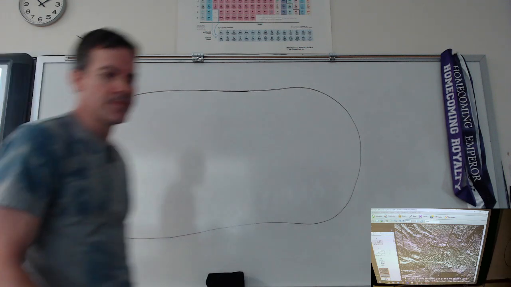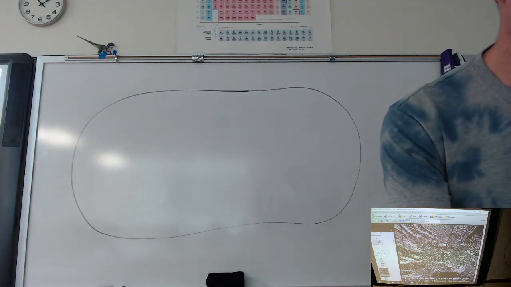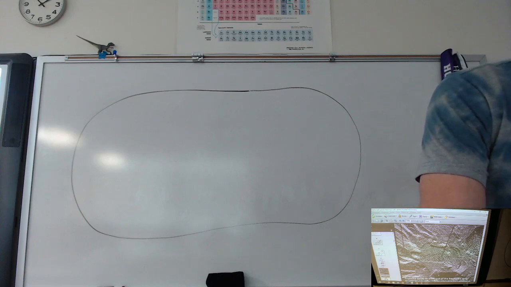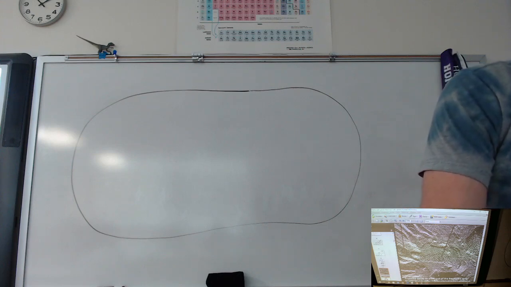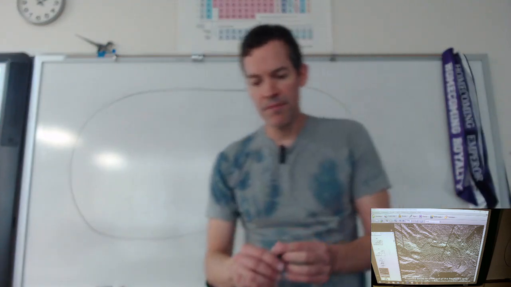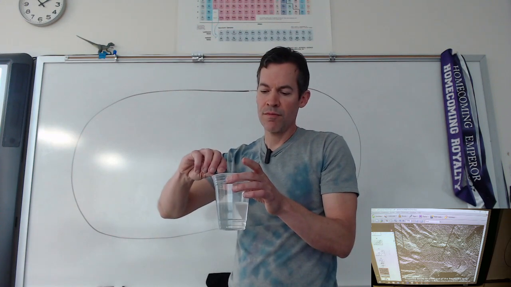Let me show you. I've got a cup of water, there's a teeny tiny amount of oil in here, so we'll ignore that. And I got some blue food color. So just diffusion, you know that this is going to happen.